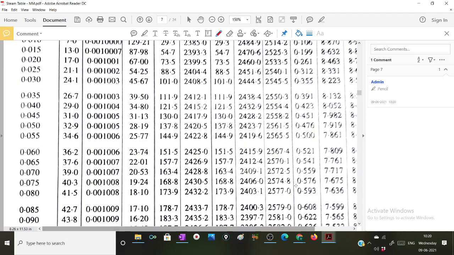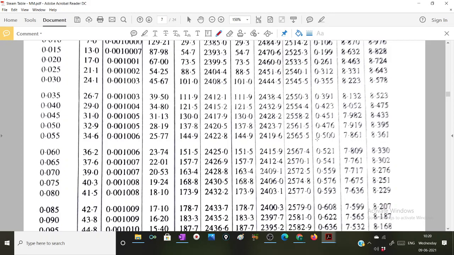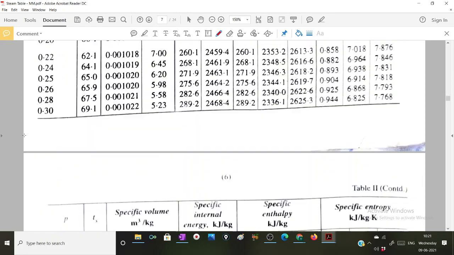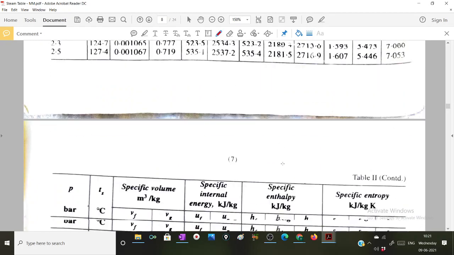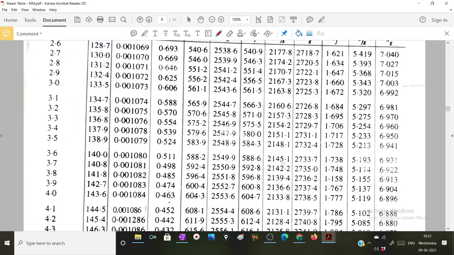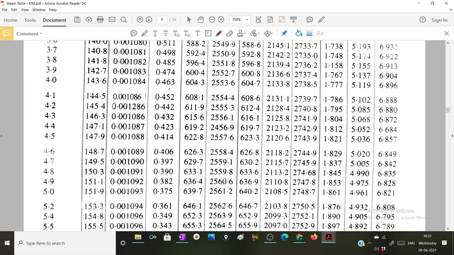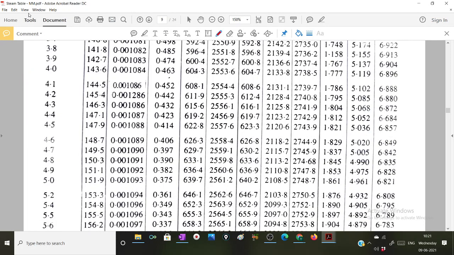Scroll down so that we get the value of 5 bar. So this is the 5 bar.